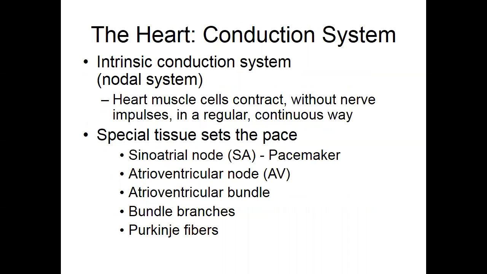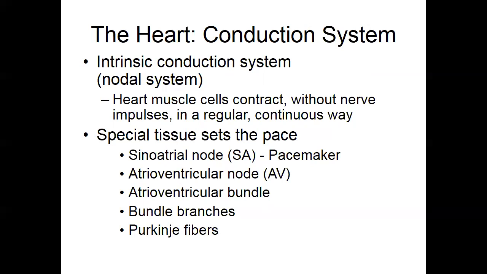So the conduction system, this is the part I thought was cool. This is where the smart board came in handy yesterday, and I made some notes yesterday that will help us illustrate this. The heart has its own conduction system. The muscle cells contract without nerve impulses in a regular, continuous way. That is the term. Let me ask you, what's the term? It starts with A. Automaticity, yeah.